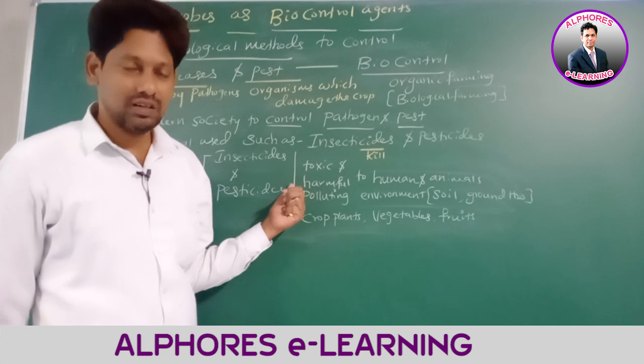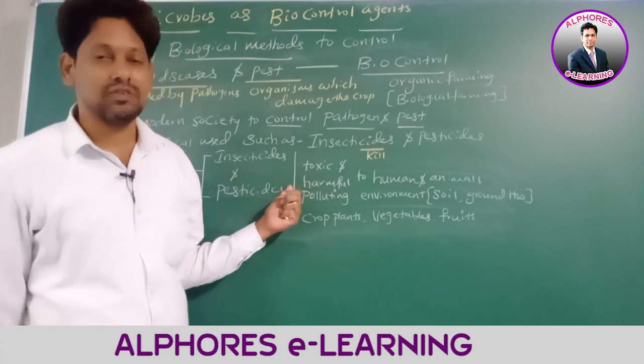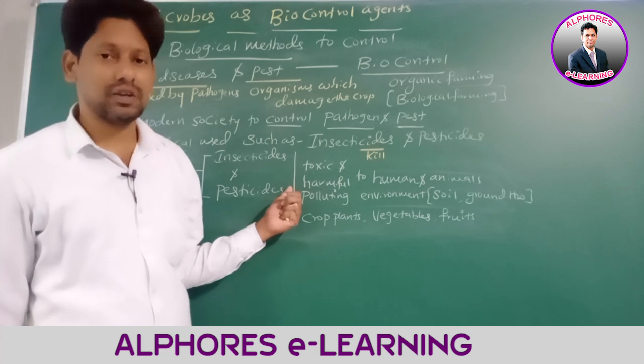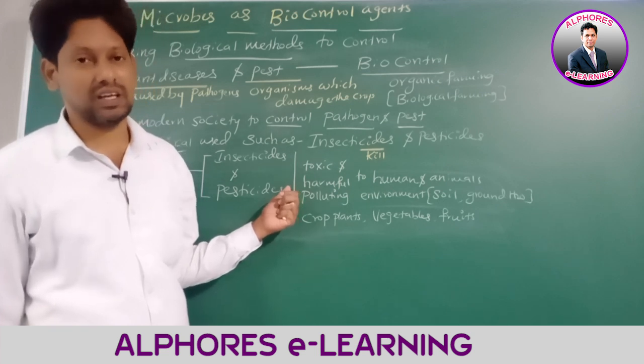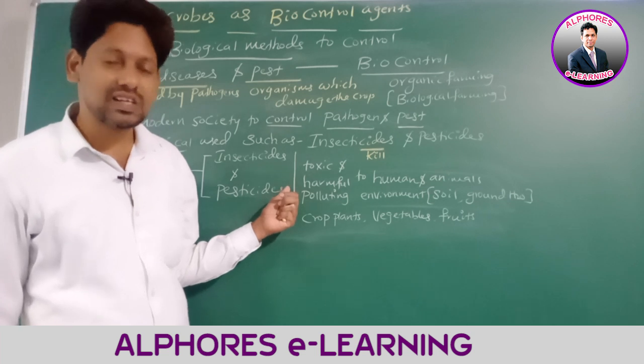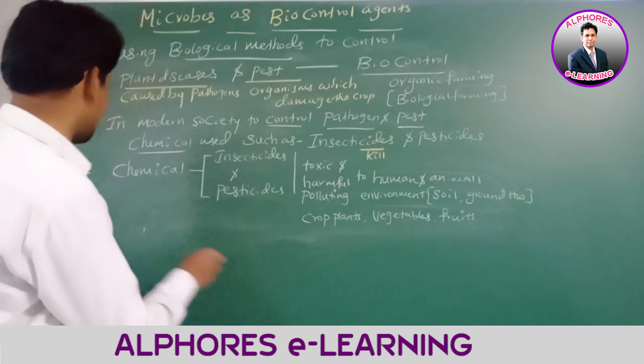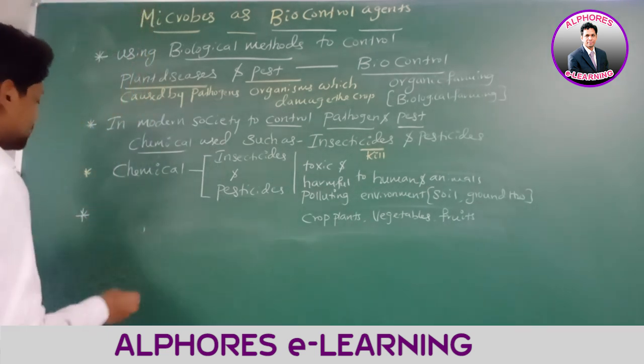Right? Sir, what is the meaning of weed? Weed means unwanted plant. To kill these weeds, we are using weedicides, which are chemicals. These chemical weedicides also pollute the soil.